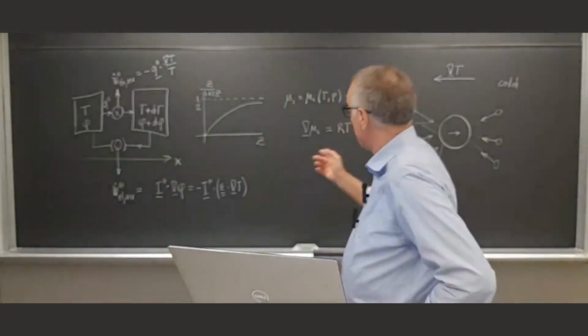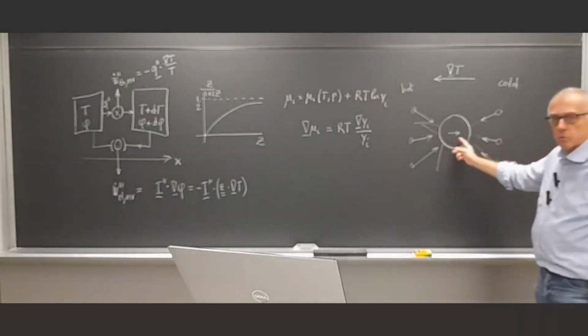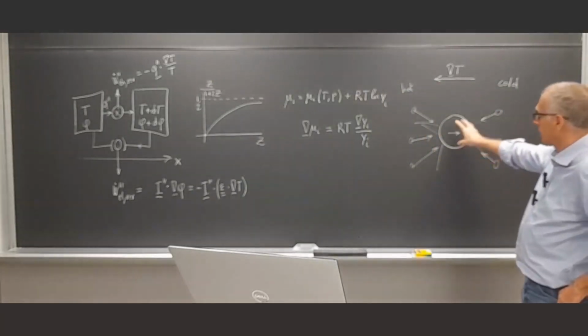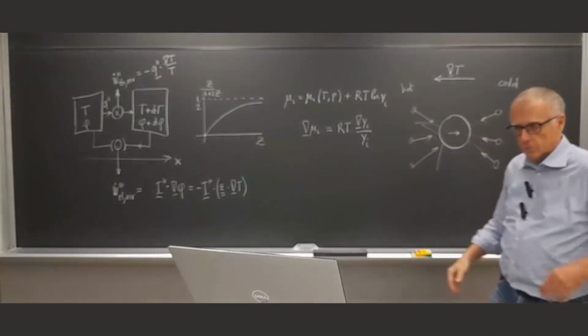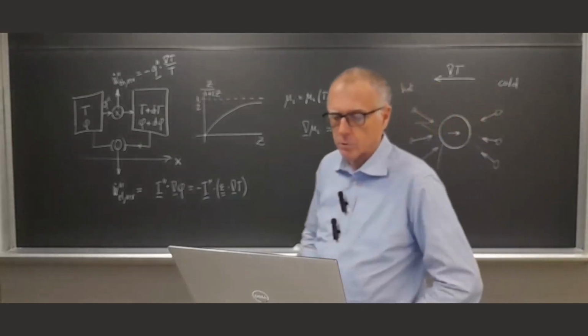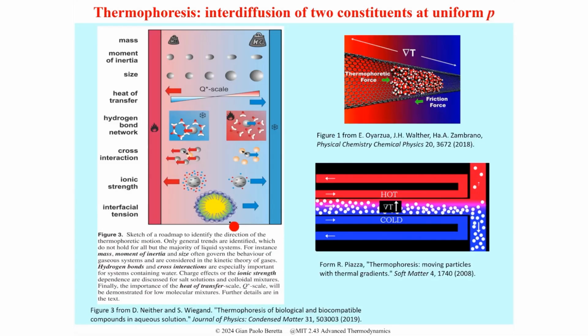Now that simple picture that I have shown here on the blackboard is one mechanistic possibility that explains the Soret effect, or thermophoresis, so the transport of dust particles towards the cold side.